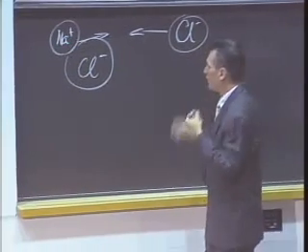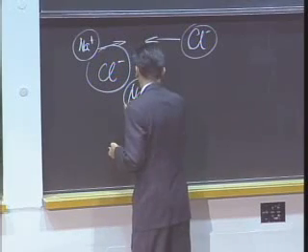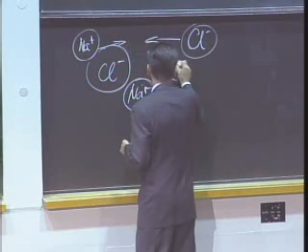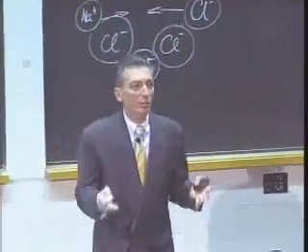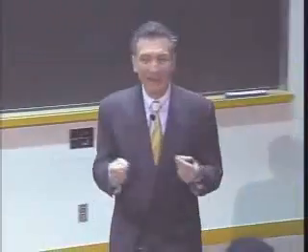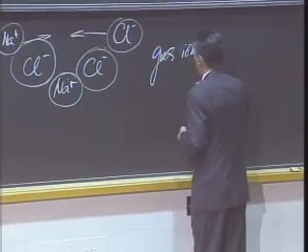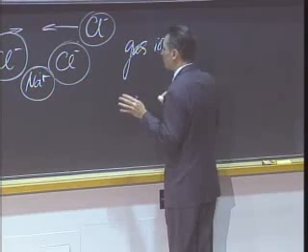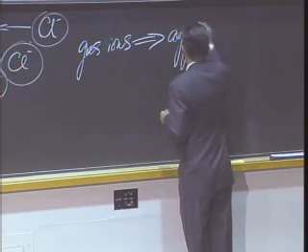But there's more sodiums, there's more chlorine. So maybe another sodium will attach. Maybe another chlorine will attach. And this will go on and on and on without limit. So what's the consequence of forming these gas ions? Gas ions of opposite charge will necessarily agglomerate without limit.